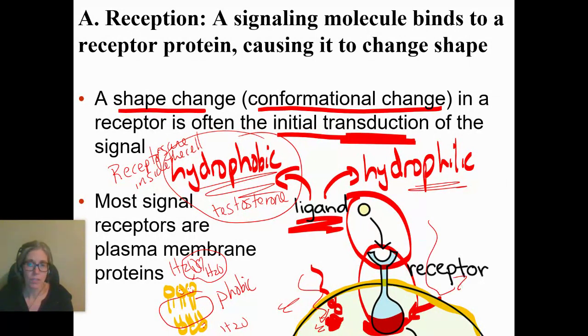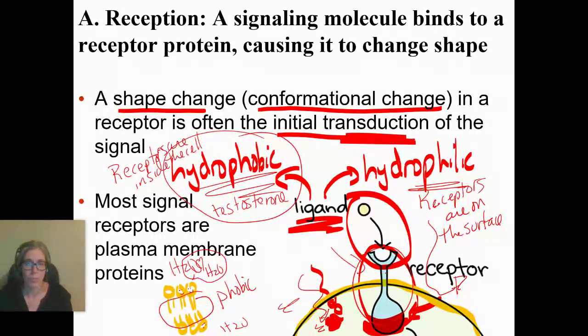The lipids would just reject it, not allow it to go through. So the receptors are typically going to be found on the surface. They're on the surface of the cell. So we're going to talk about 3 different major categories of receptors that are on the surface, and then we'll talk briefly about the ones that are inside.